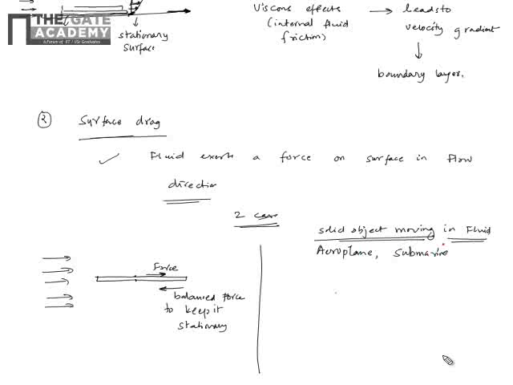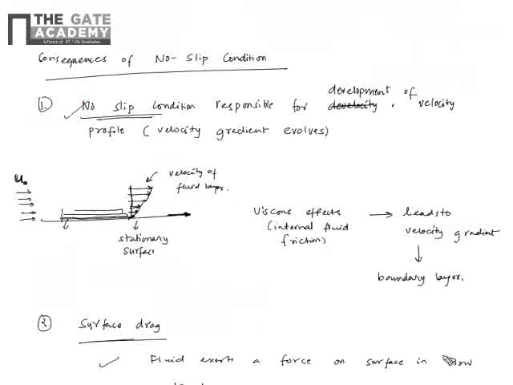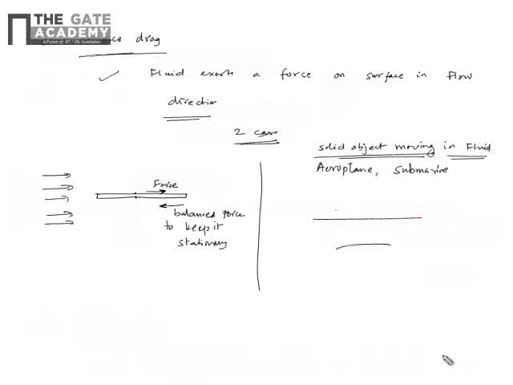Because of the no slip condition, the immediate layer in contact attains the surface speed, and that exerts a drag opposite to the velocity direction. So the submarine has to overcome this drag in order to move forward. All these are consequences of the formation of the boundary layer, and that comes from the no slip condition.